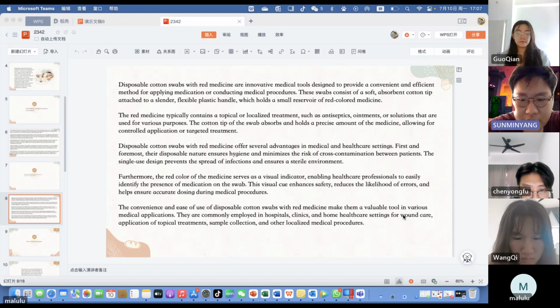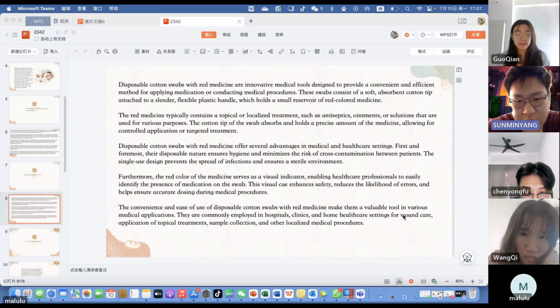This swab consists of a soft, absorbent cotton tip attached to a slender, flexible plastic handle, which holds a small reservoir of red-colored medicine. The red-colored medicine typically contains a topical or localized treatment such as antiseptics, ointments, and or solutions that are used for various purposes.